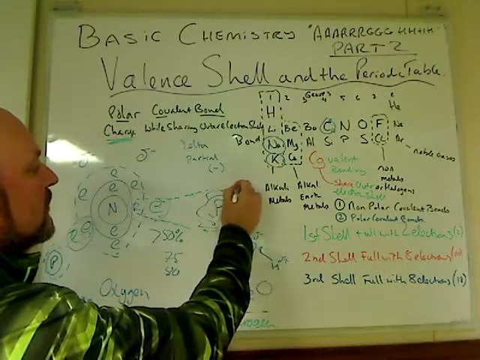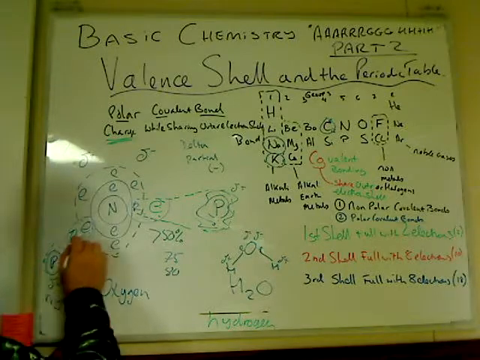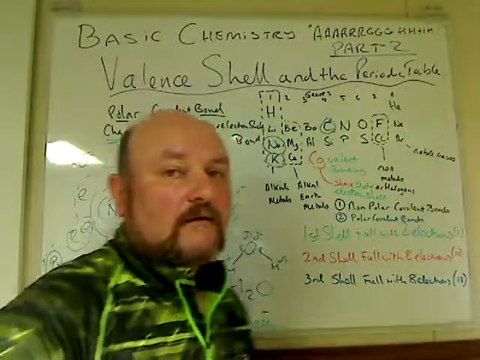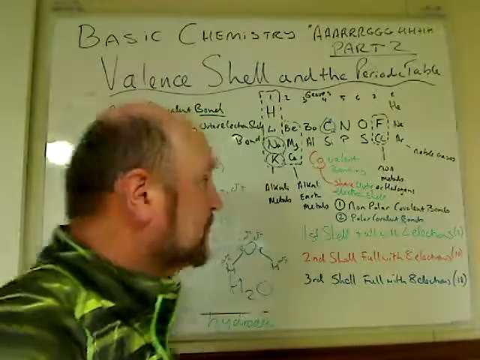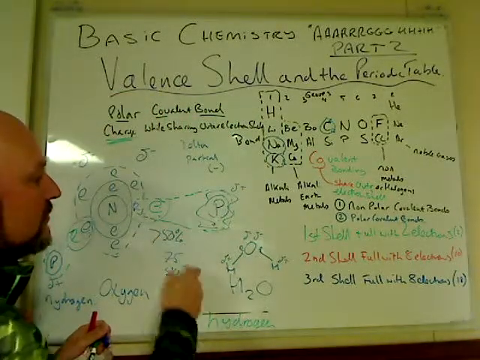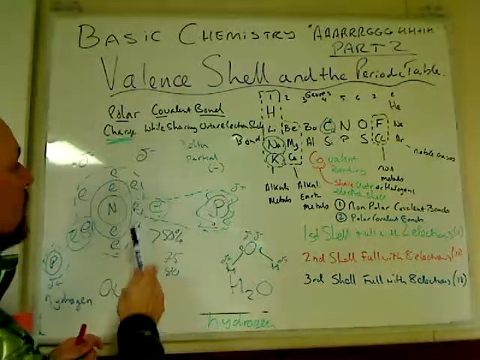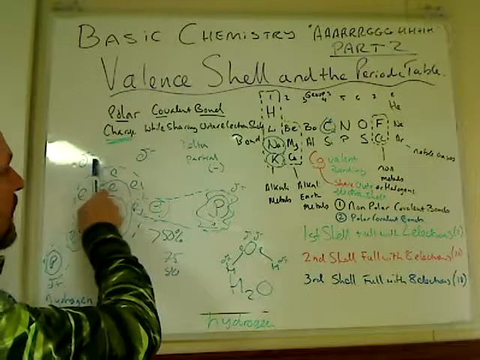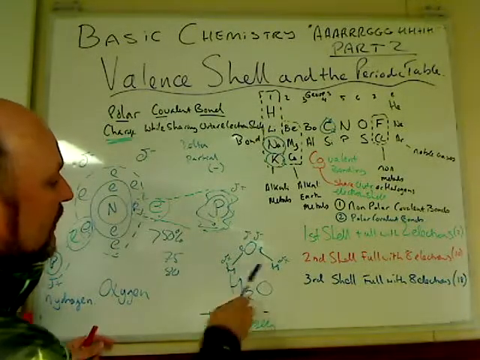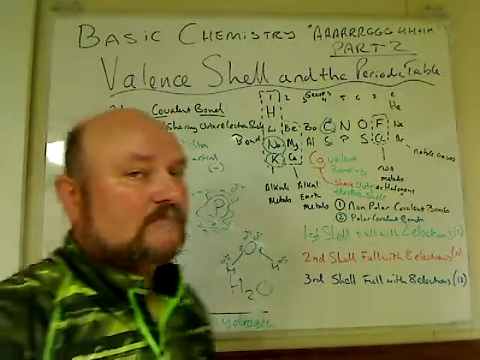So they end up out here slightly positive because the electron spends more time away from it than is with it. But there are very small amounts of time when both electrons are still around the hydrogen, so it keeps it stable. So this becomes polar because the oxygen has a slightly negative charge and the hydrogens have a slightly positive or partially positive charge.